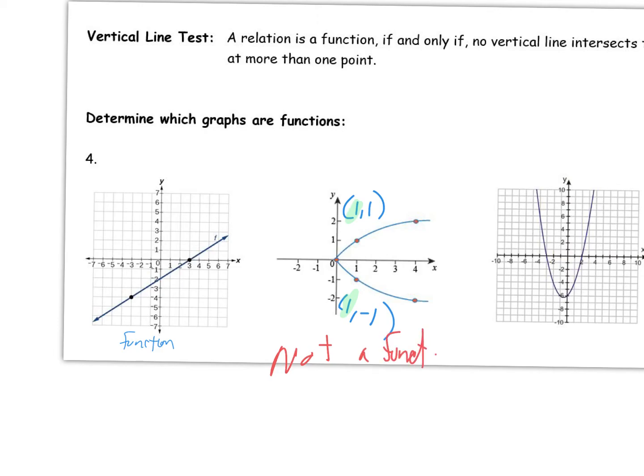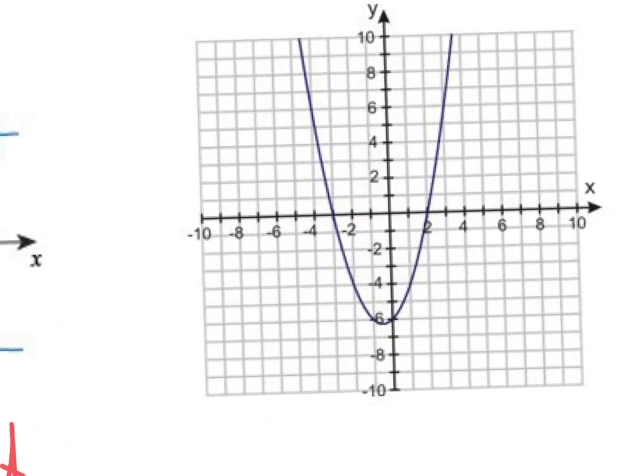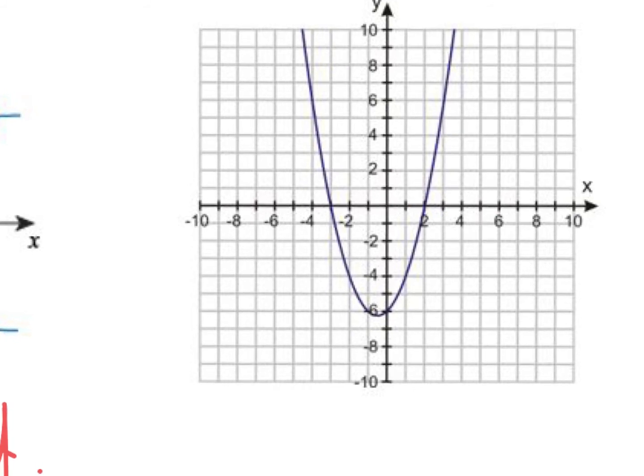Okay. All right, let's move over to the third one. Now this one I'm going to zoom in on. This one's going to be a little trickier to see. So here we go. I'm going to break out the lightsaber. Now it's going to look like it, but again, I'm only touching one place at a time.